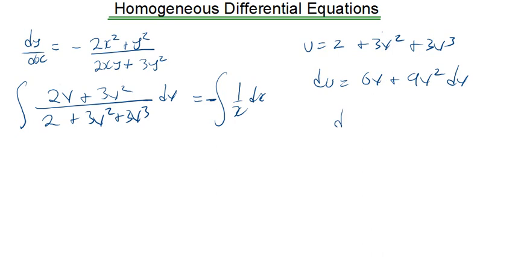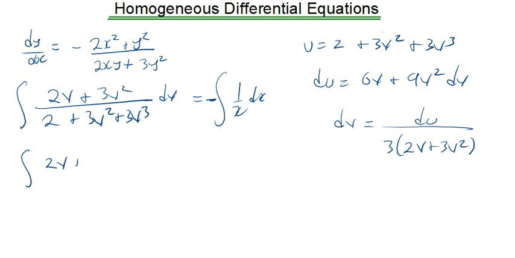So meaning your dv is simply equal to du over, instead of saying 6v plus 9v squared, the common factor is a 3, so I'll say 2v plus 3v squared. So I'll come here and say I have my 2v plus 3v squared divided by u, where there is dv, now we put du over 3, then I have 2v plus 3v squared.